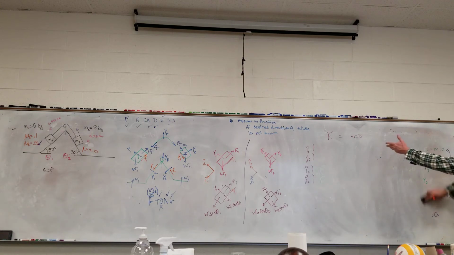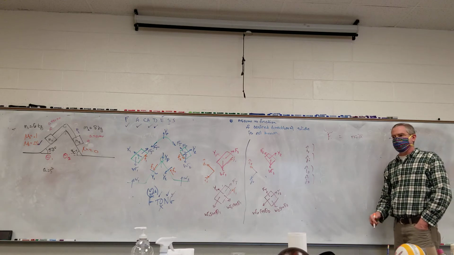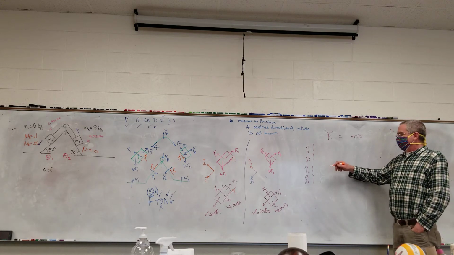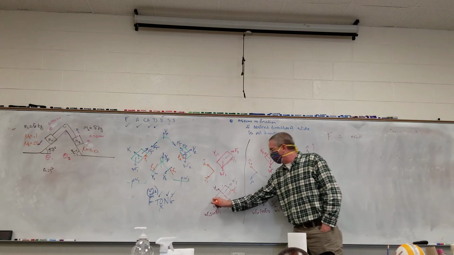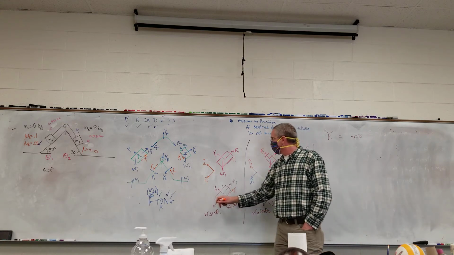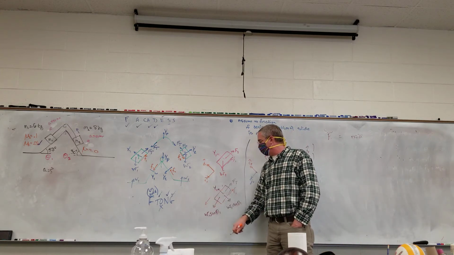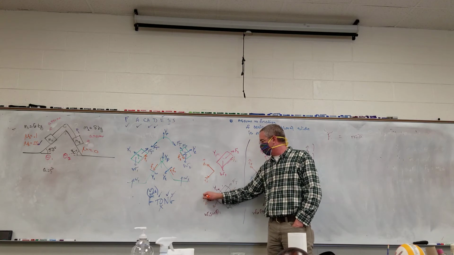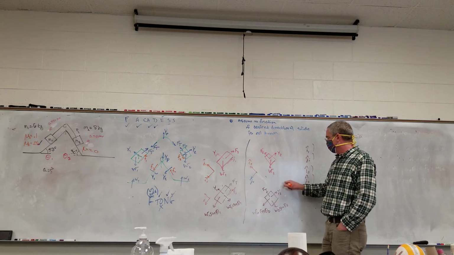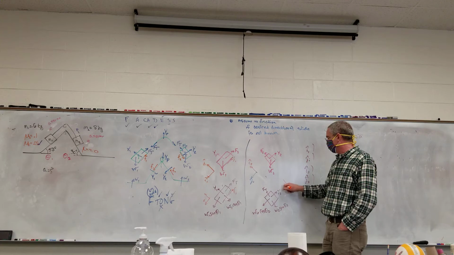I could have just started sticking negative signs in there, but may as well start with a cleaner slate. Those are my positive directions, and over here, those are my positive directions.